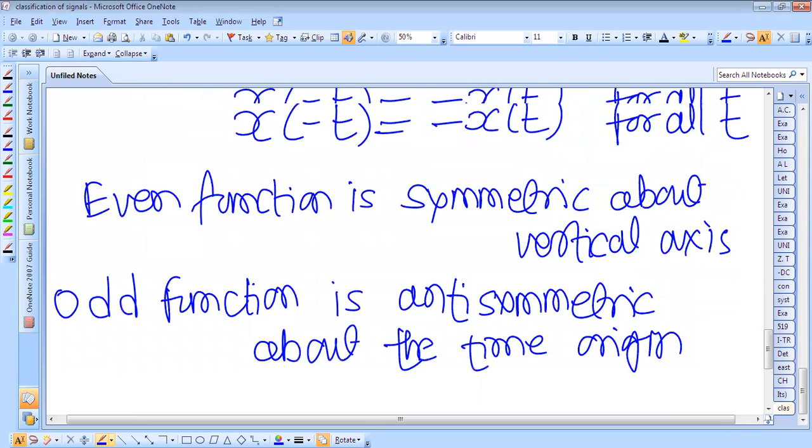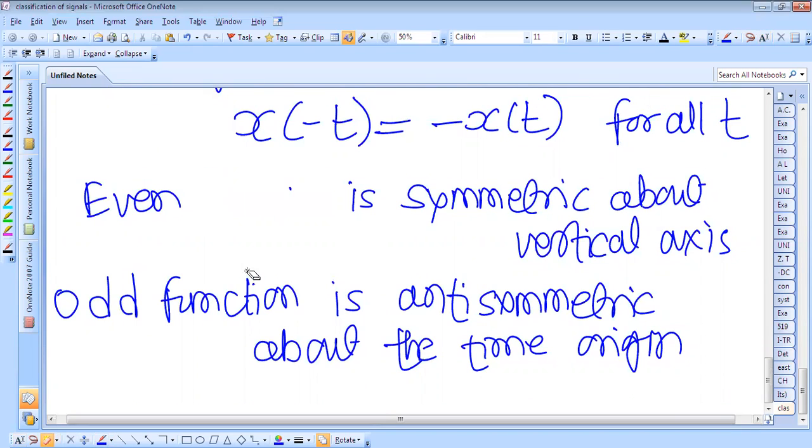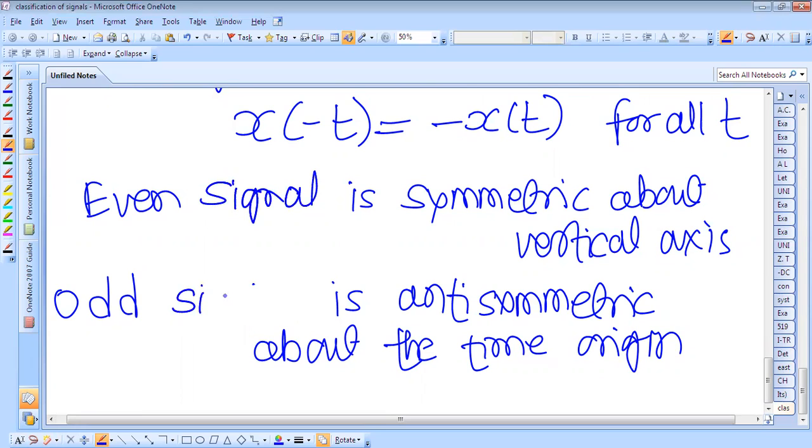We are talking about the signal, so an even signal is symmetrical about the vertical axis, and an odd signal is anti-symmetric about the time origin.